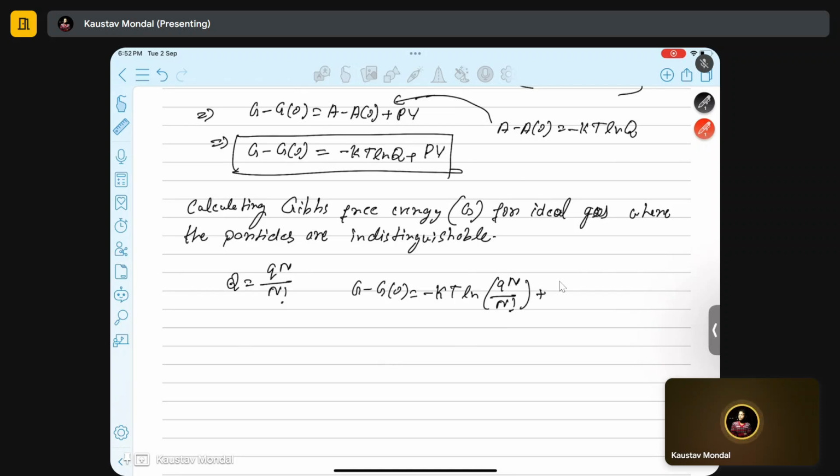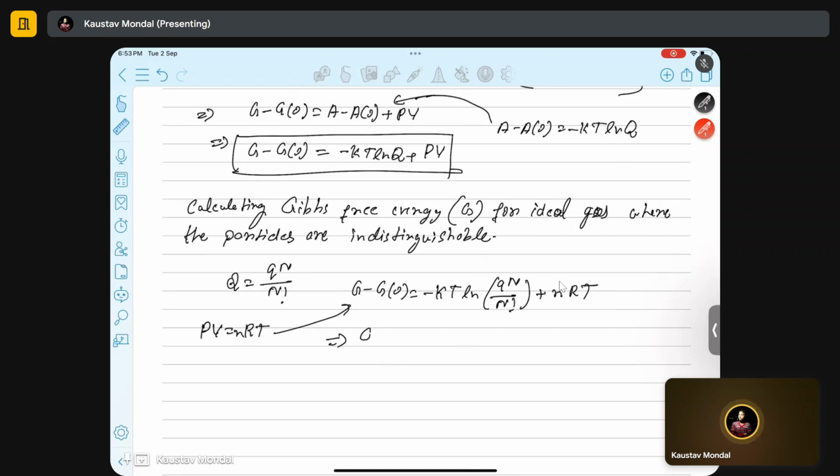PV we can write as, for let's suppose 1 mole of ideal gas we are considering right now, PV simply you can write as RT. So now if you substitute it here, G minus G0 will become minus KT, this whole thing, plus RT. Or you can also keep the expression of the moles also, so nRT is fine.